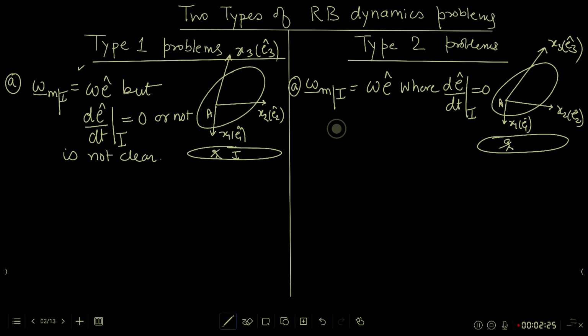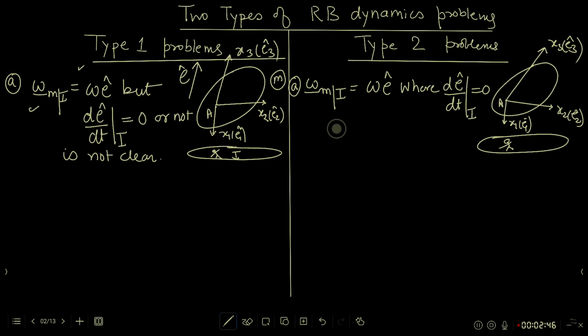the angular velocity of the body with respect to an inertial frame, omega mi, you can say that the expression can always be written as a scalar times E hat, and that E hat could be something like this.